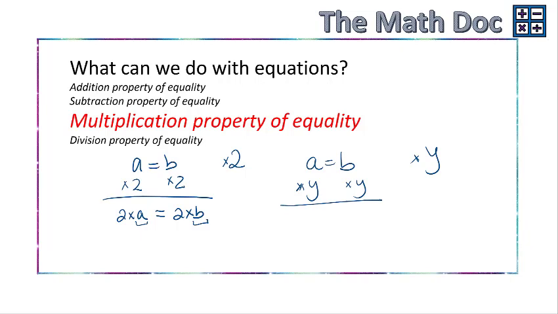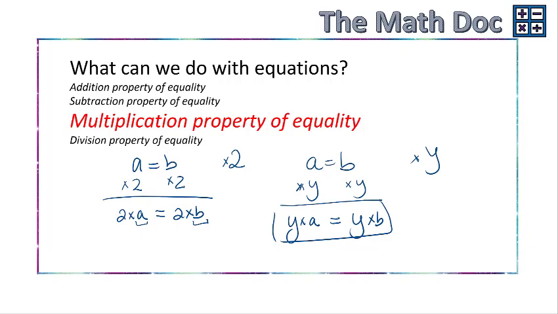So now we have y times A equals y times B. Now, this rule is a little bit more complicated than the addition and subtraction properties. And the reason for that is that we have to make one requirement on the thing we're multiplying with.